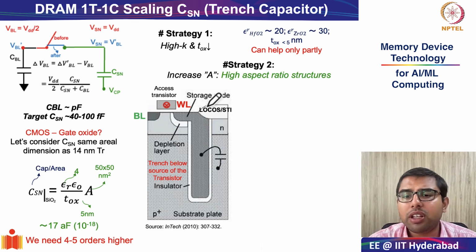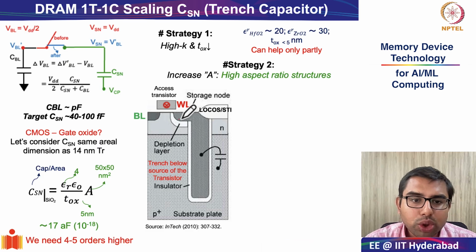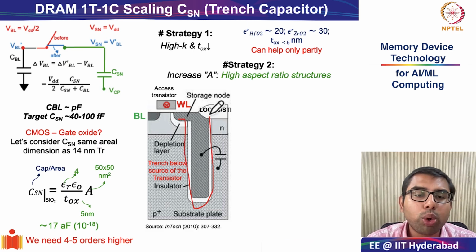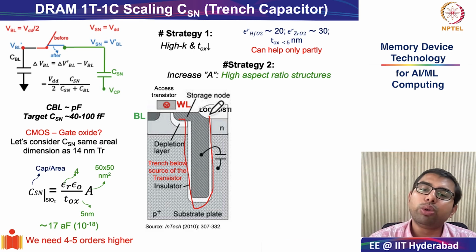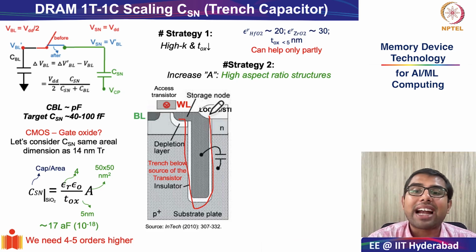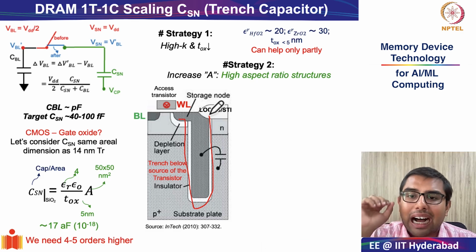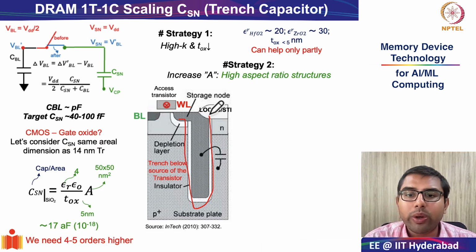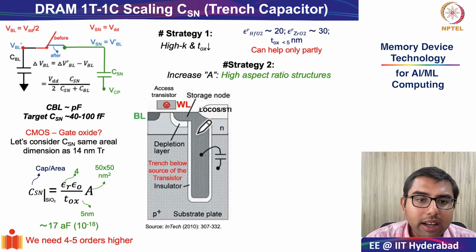So how you develop the trench capacitor is, first you start with bare silicon and then a trench is dug. This huge hole is dug using one of the advanced technology processes such as deep reactive ion etching. After you do that, you then deposit the dielectric material, indicated here in white color.